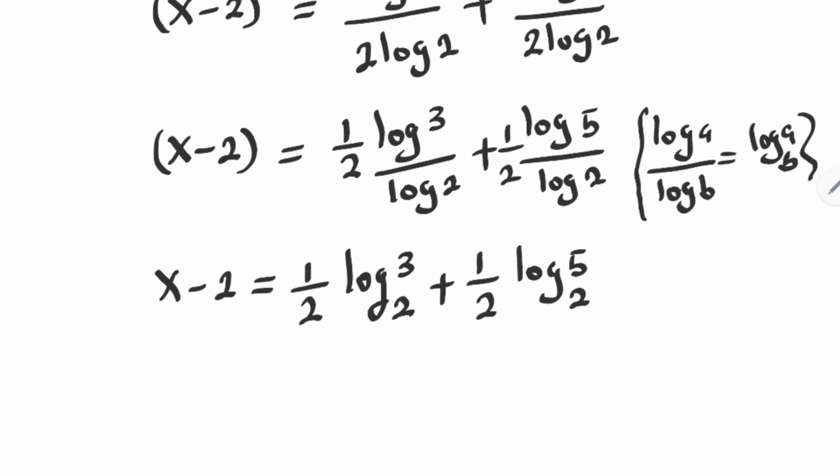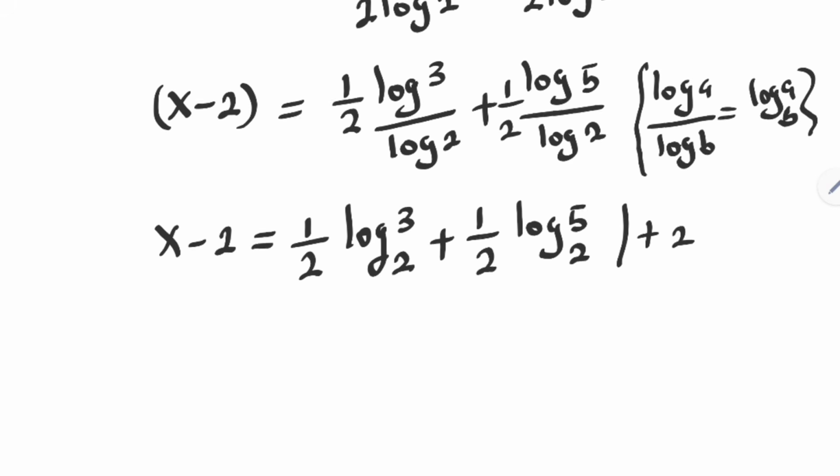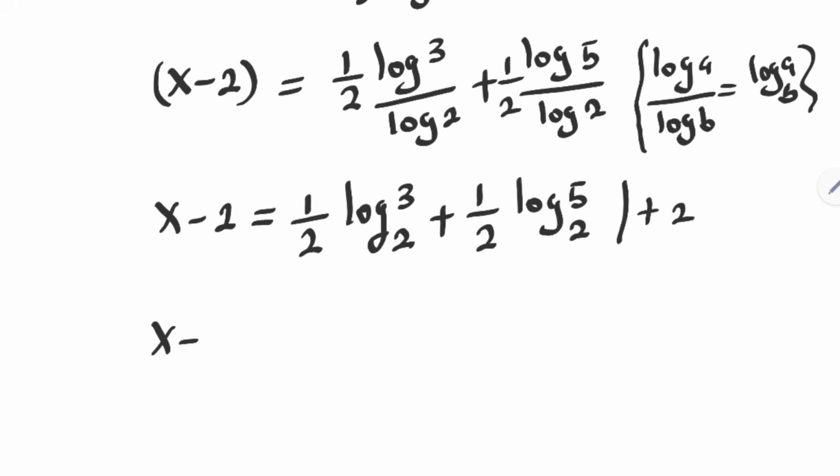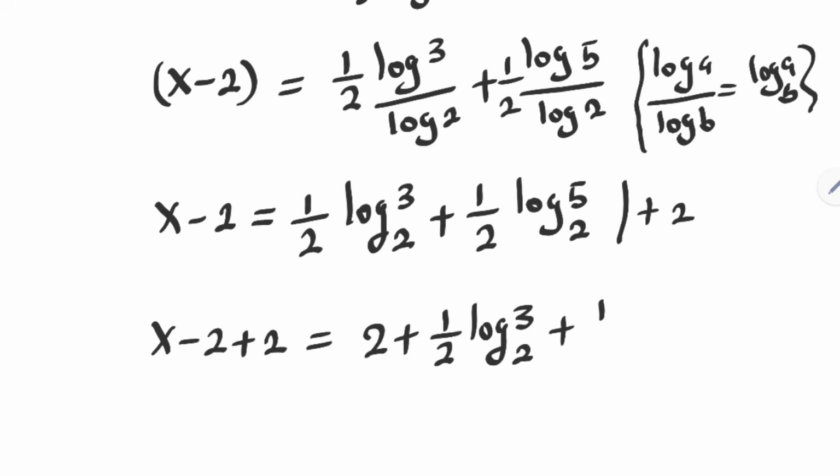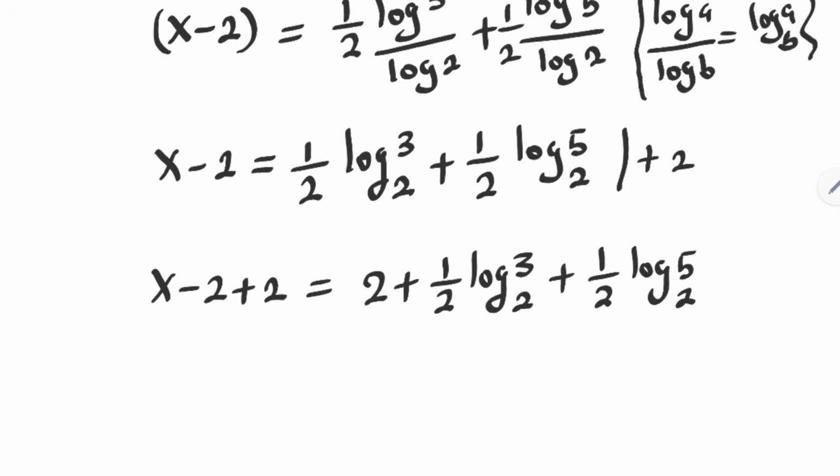Now, let us add 2 to both sides of this equation. x minus 2 plus 2 is equal to 2 plus 1 over 2 log 3 base 2 plus 1 over 2 log 5 base 2.